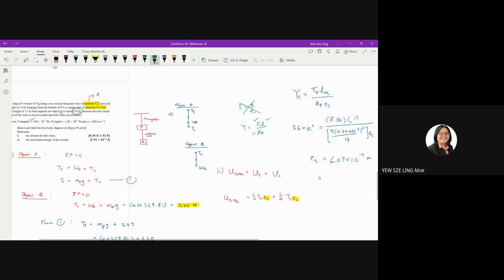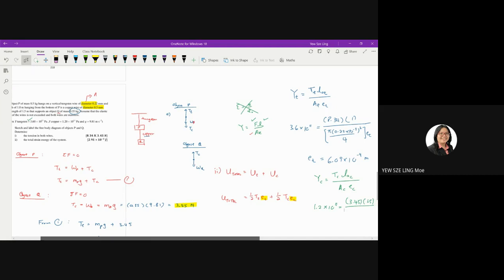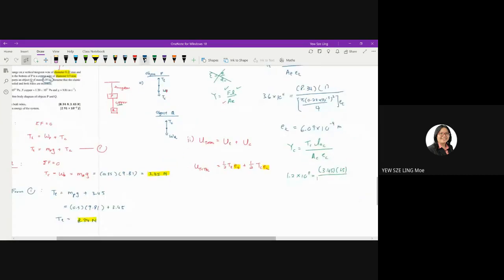Let's repeat it again for the copper wire. So Y_C equals T_C L naught C over A_C e_C. Young modulus given 1.2 times 10 to the power of 11 equals, just now we calculated T_C equals 3.45, original length given is 1.5, divided by, once again, you don't have the area, but you can calculate it by using the diameter.